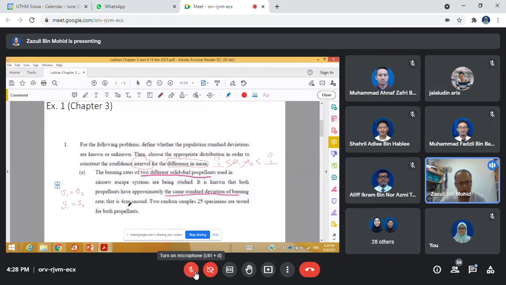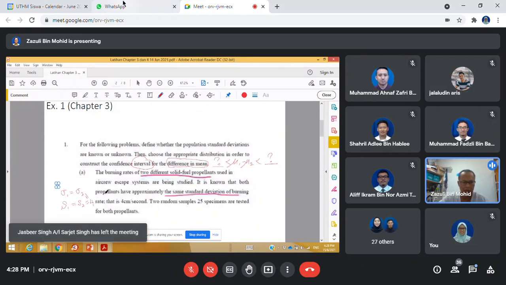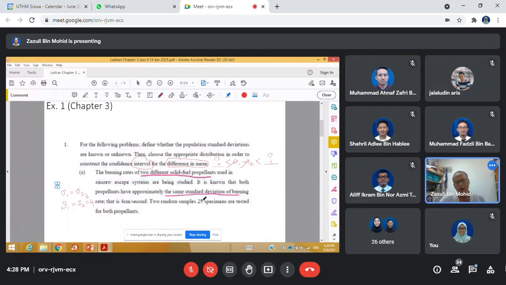That is 4 cm per second. Boleh jadi ni. Two random sample of 25 specimen are tested. Jadi N is equal 25.